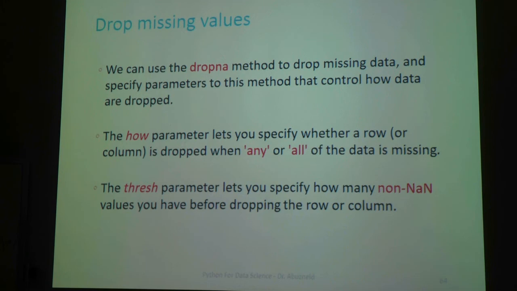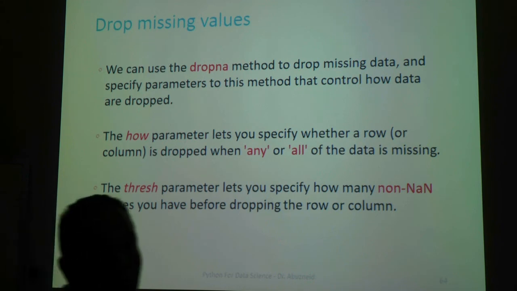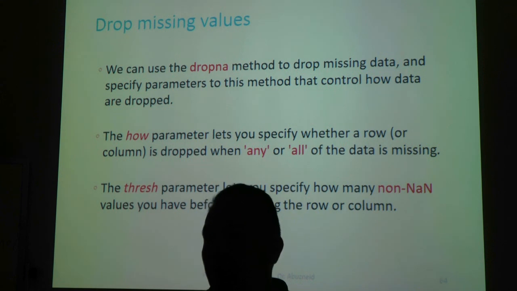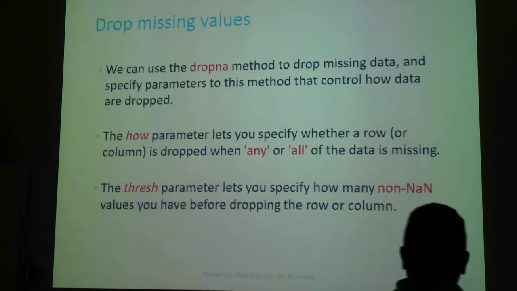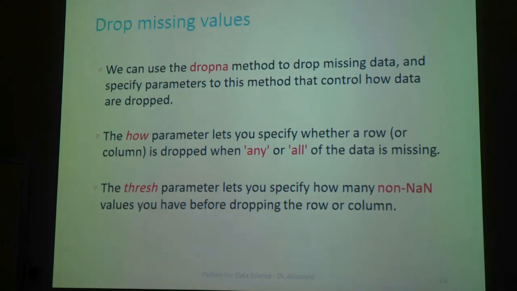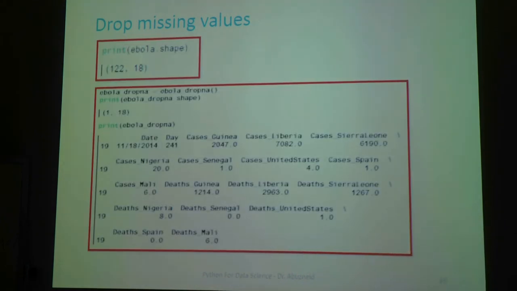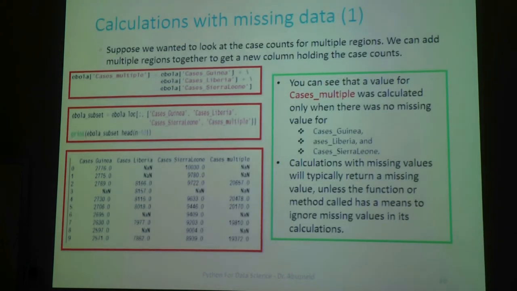Let's say they don't satisfy what you're trying to do. You could program your own. You have the data frame, and you could go through it cell by cell, column by column, or row by row. You could do whatever you want to do.